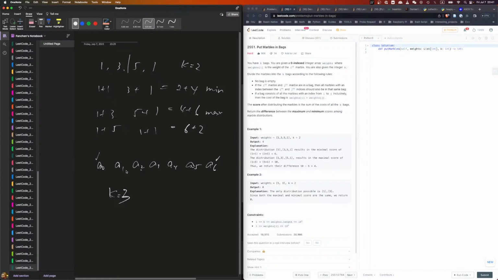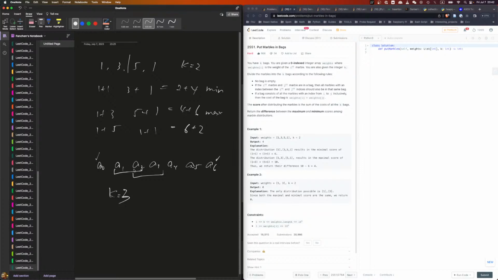Now, what if the maximum pairs have overlap? What if this is the maximum and this is the second maximum? What if we have this situation? What are you going to do? I guess we cannot do it that way, can we? Because each one can only be used once, so you really cannot do it that way.